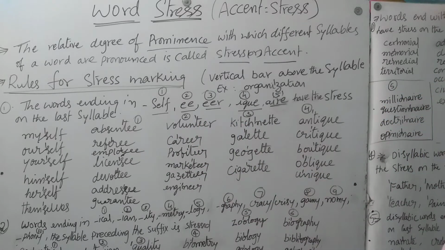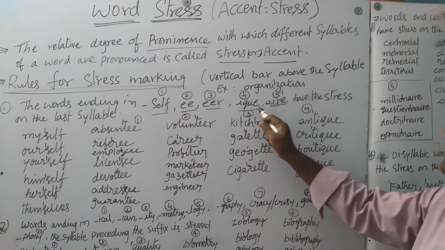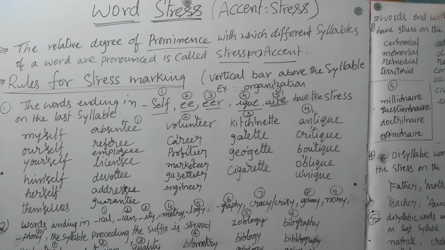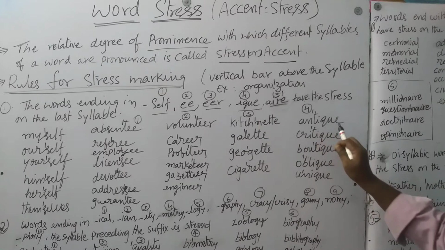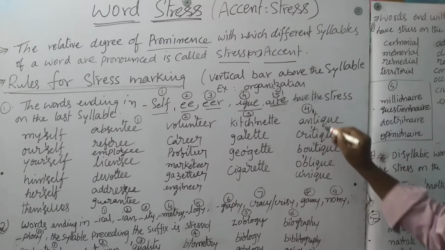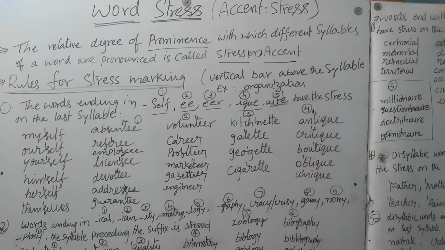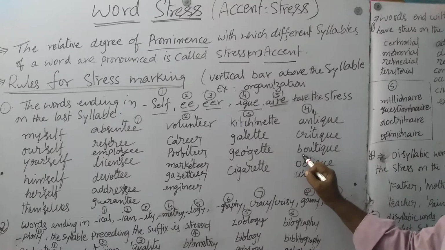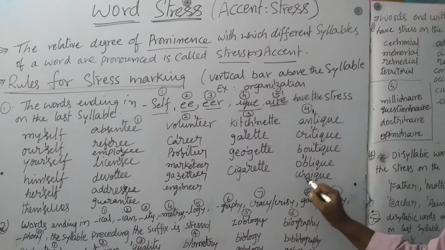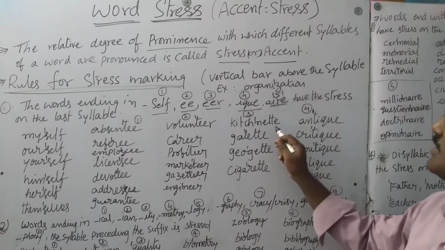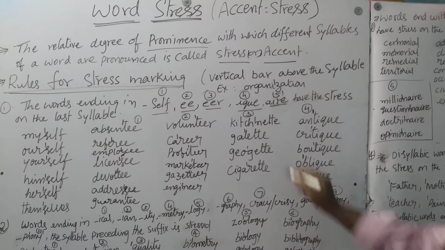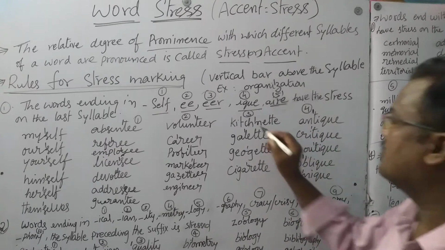Now, IQUE. My dear students, here if you see IQUE: antique, last syllable tick; critique, boutique, oblique, unique. So last syllable we have to stress. Now here ETTE also we can use.